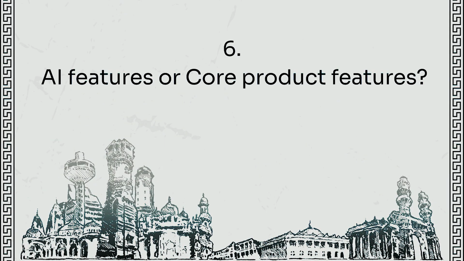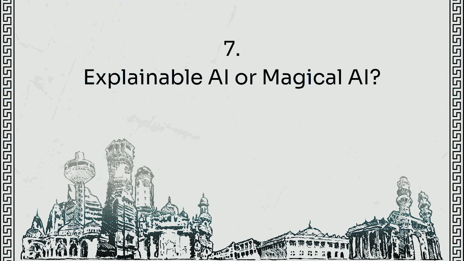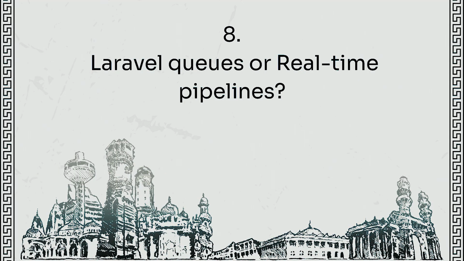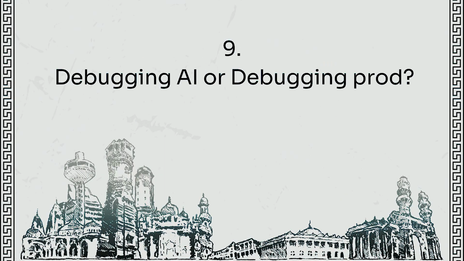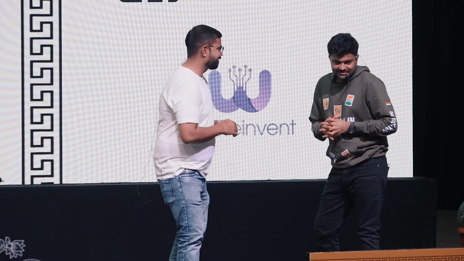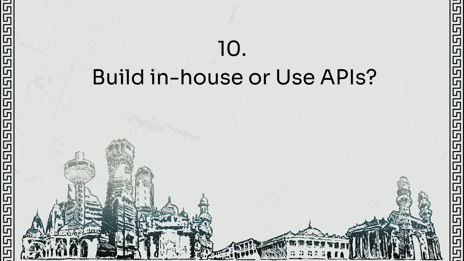Sixth, AI features or core product features? Core product features. Seventh, explainable AI or magical AI? Magical. Eighth, Laravel queues or real-time pipelines? Real-time pipelines. Ninth, debugging AI or debugging production? Debugging AI. Tenth and last one, build in-house or use APIs? Build in-house.